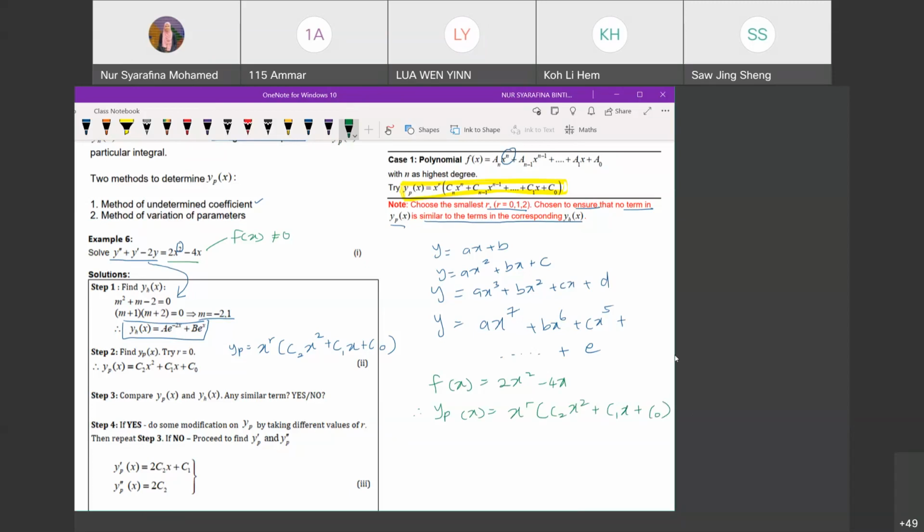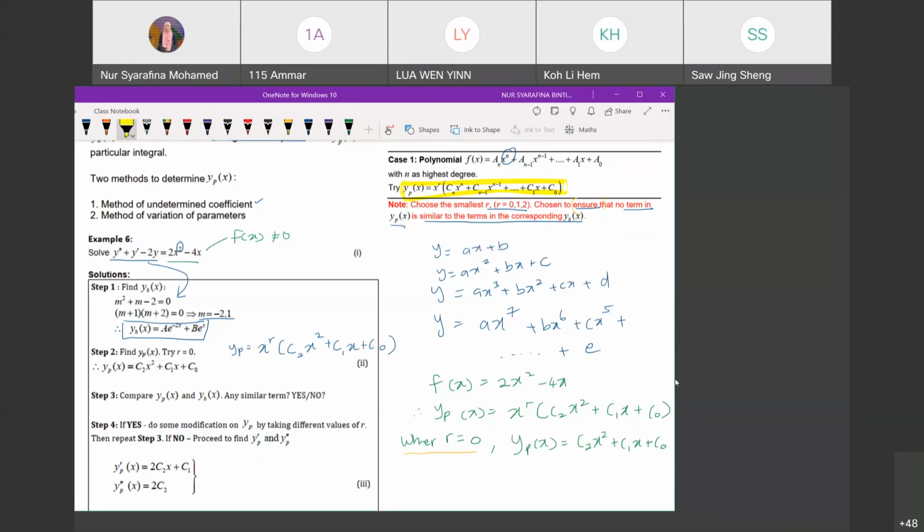Then we choose the smallest r. When r equals 0, then YP equals c_2 x squared plus c_1 x plus c_0. Then you need to check to ensure that no term in YP is similar to the terms in the corresponding YH. What is YH?